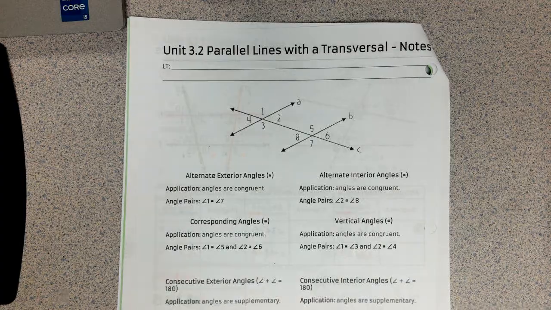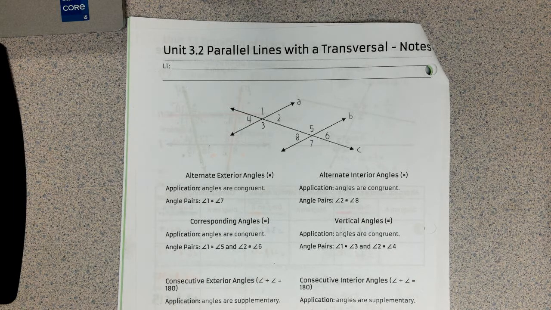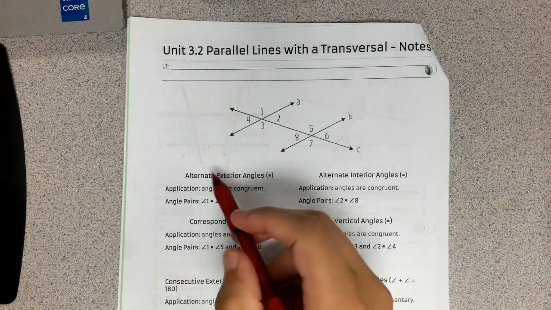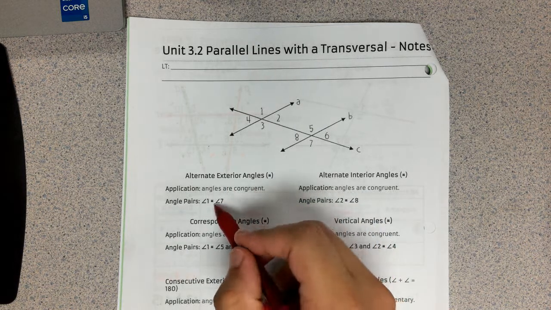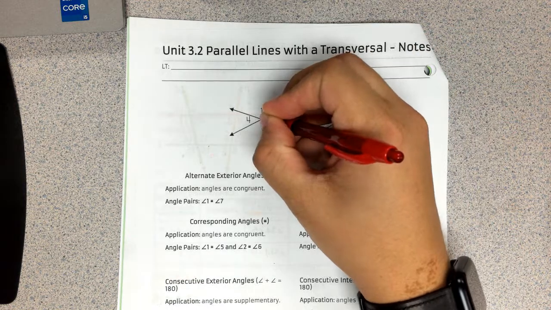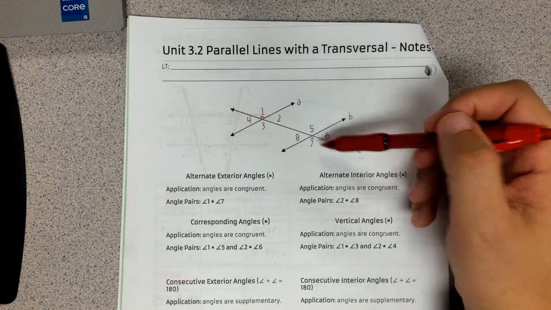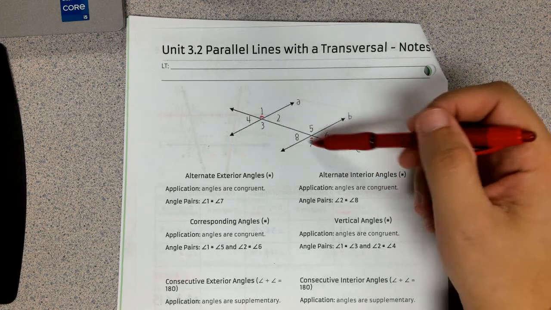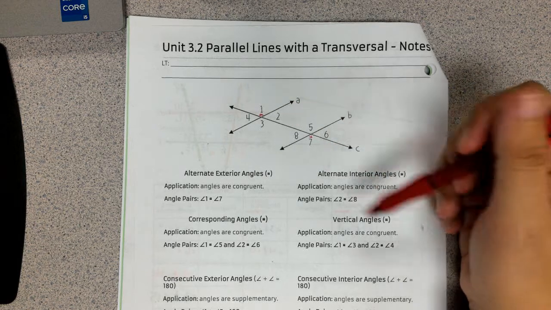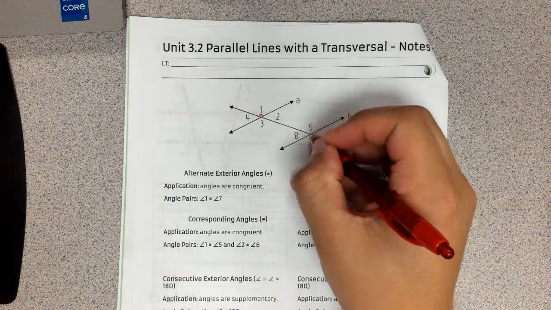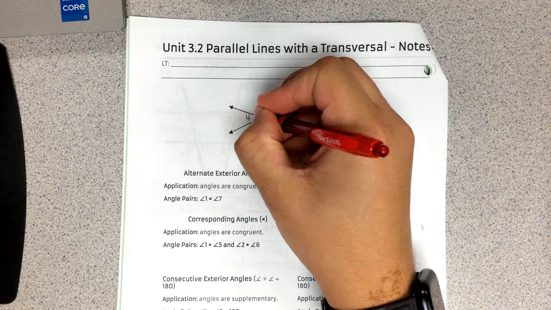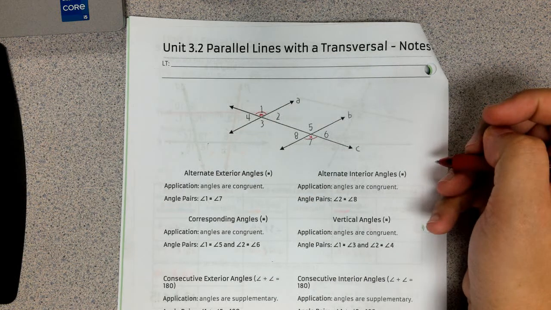Okay? So all four of these, alternate exterior angles, alternate interior angles, corresponding angles, and vertical angles are going to be all congruent. So what that means is, for example, my alternate exterior angle, I have angle 1 and angle 7 here. Angle 1 and angle 7 are outside the lines, just like they were before, but they're also exterior, which means if we notice, they are both our big angle, or our obtuse angle.